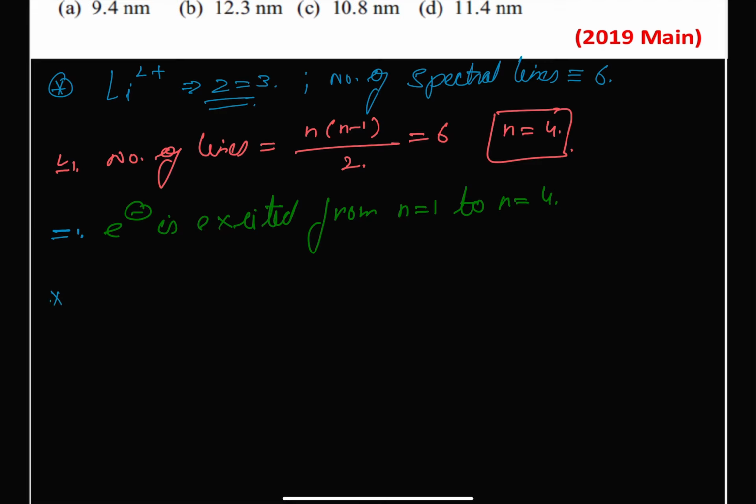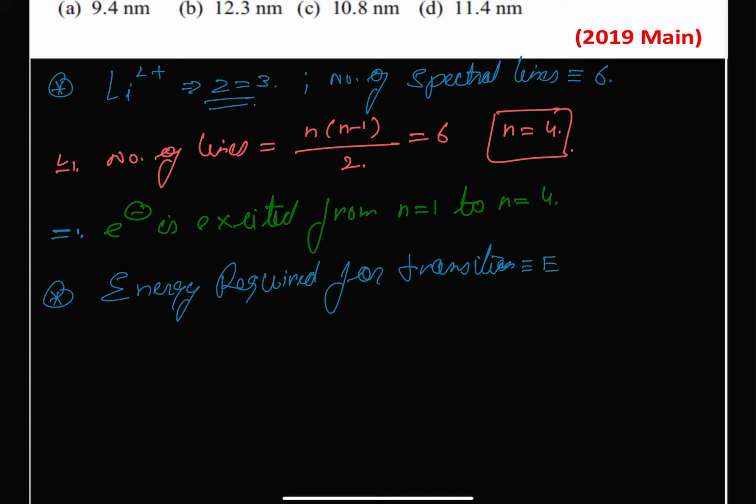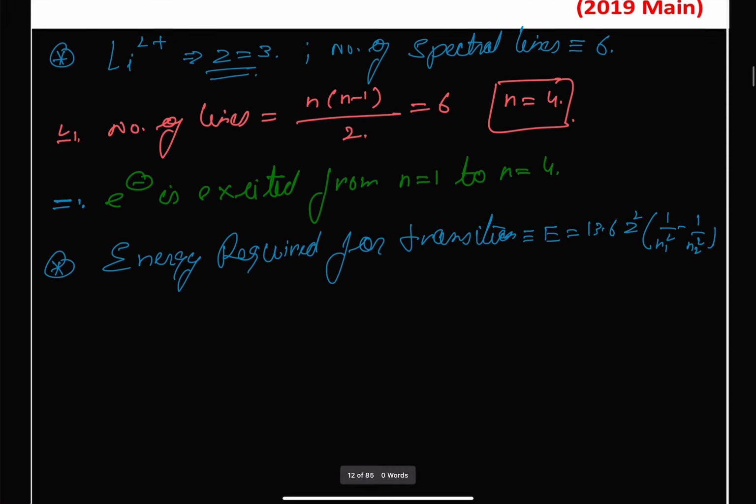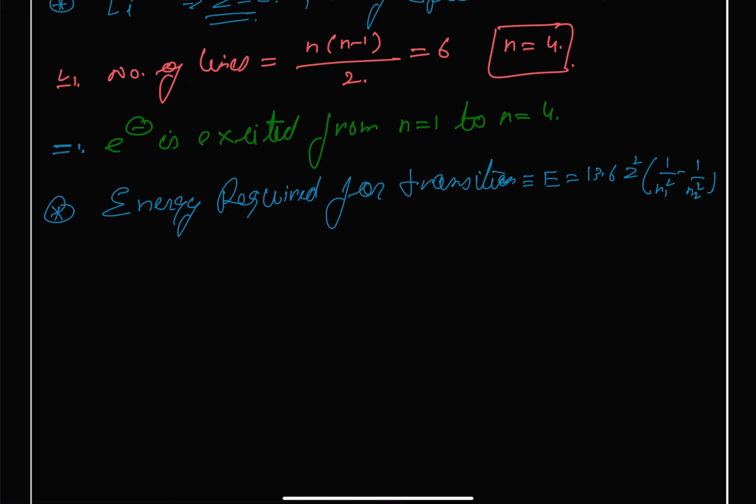So we can say that energy required for transition, suppose that is given as E, then this E will be equal to 13.6 Z square, and we have this as 1 upon n1 square minus 1 upon n2 square, and we already know value of Z as well as n1 and n2.